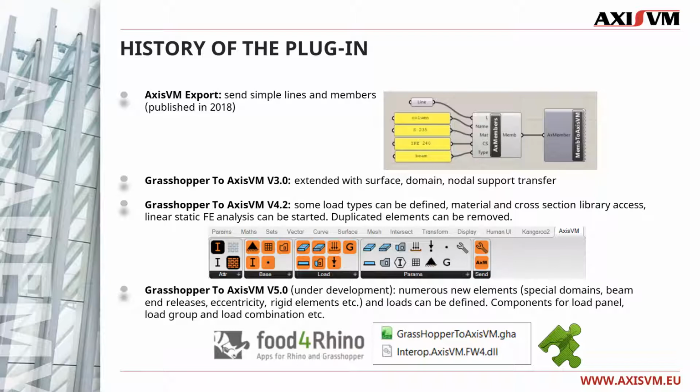V 5.0 is currently under development and it's going to be published in the first half of March. There are numerous new elements in the pipeline, special domains, beam end releases, eccentricity, rigid elements, and so on can be set. Load definition possibilities are further developed. Load panels, load groups, and load combinations can also be defined.